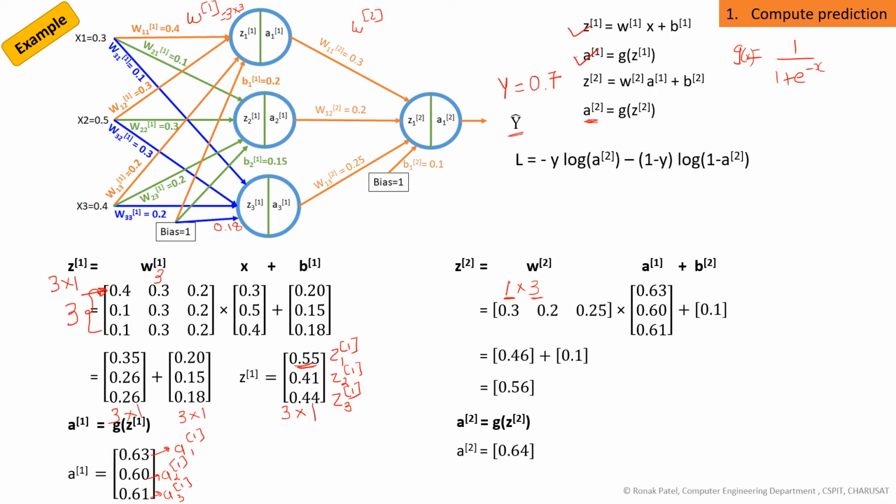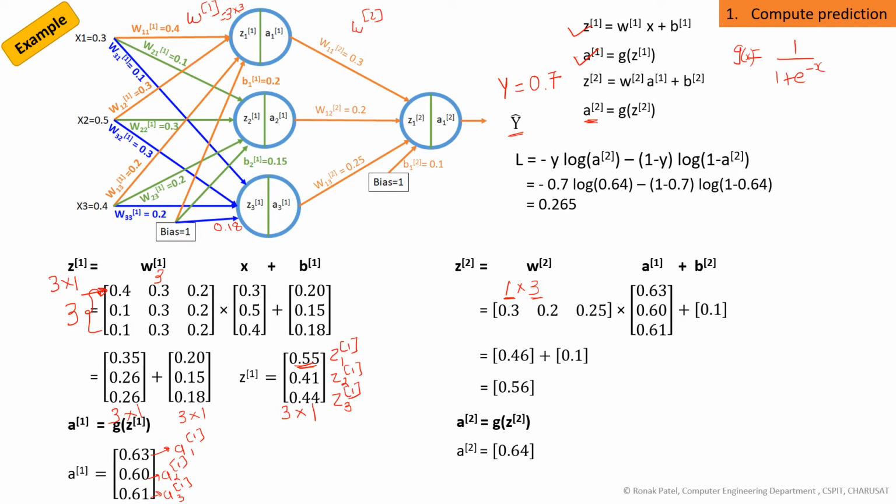So we'll find out the loss. This is your function to find the loss. If you use this, you will get a loss equivalent to 0.265. And what is our target? Our target is to minimize this loss. So how do we do that?